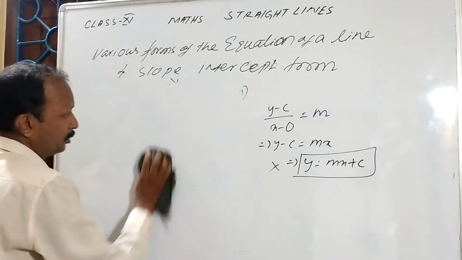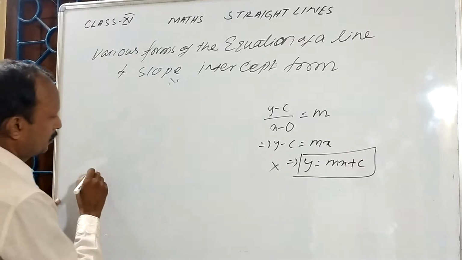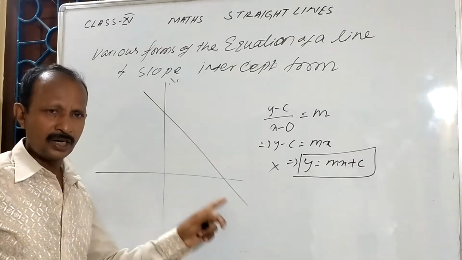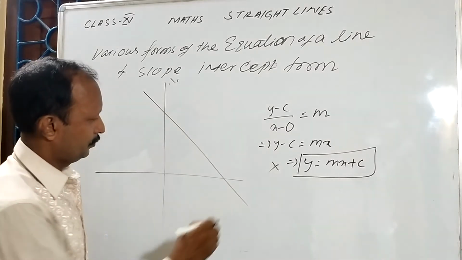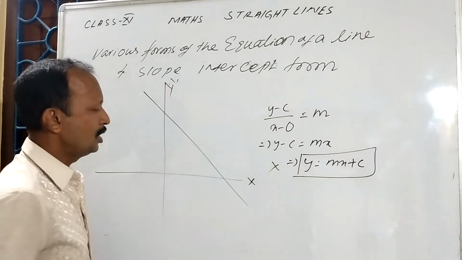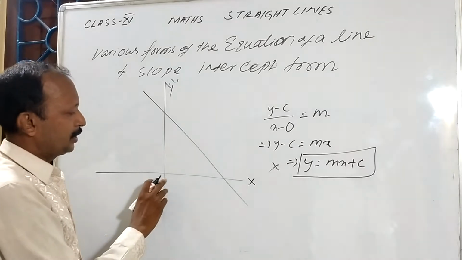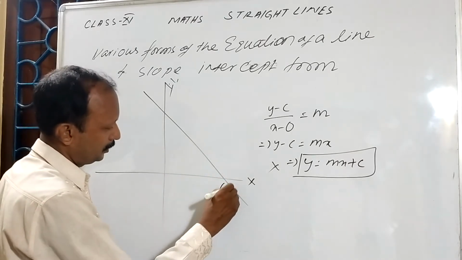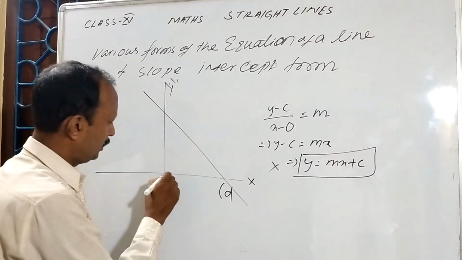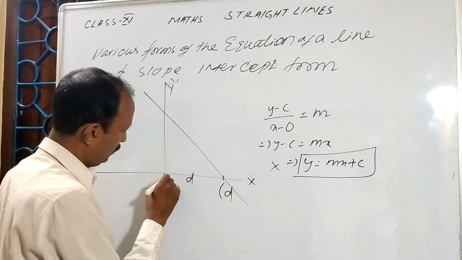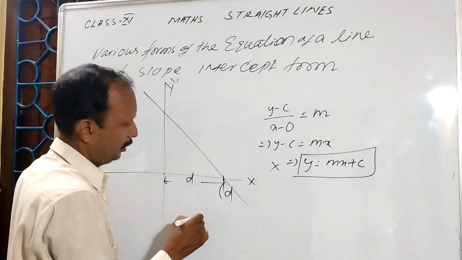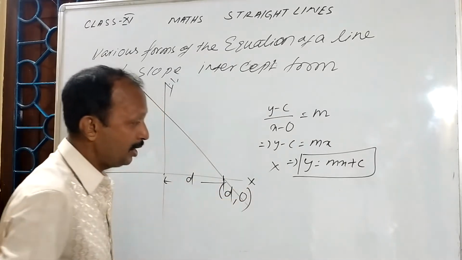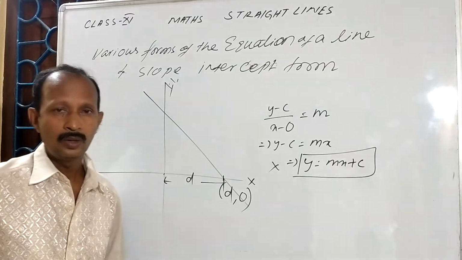For example, you see, suppose this line intercepts the x-axis. This is the x-axis, this is the y-axis. It intercepts the x-axis at the point D. That means here to here the distance is d. So I take that this point's coordinates are (d, 0).